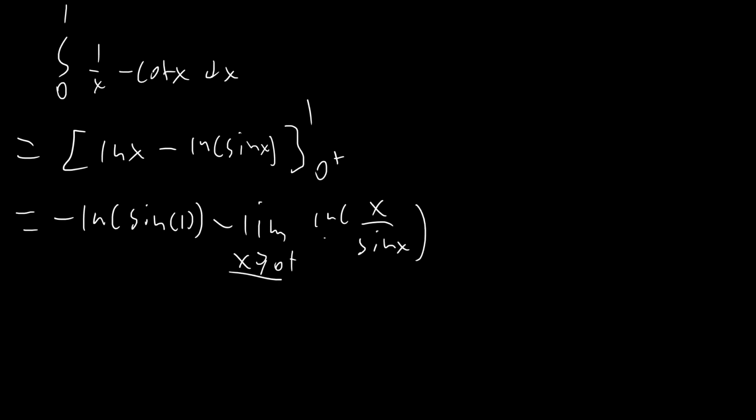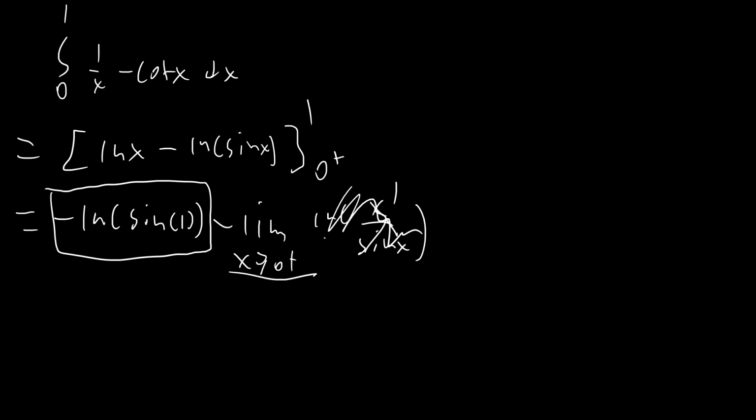And of course, as the limit as x goes to 0 plus, this is a really famous limit. This just goes to 1, and so overall this just goes to 0, and our answer is negative natural log of sine of 1. Let's go ahead and move on to the next problem. We check my answer also on the answer key here. Yep, that's correct.